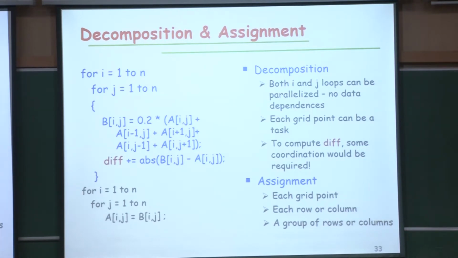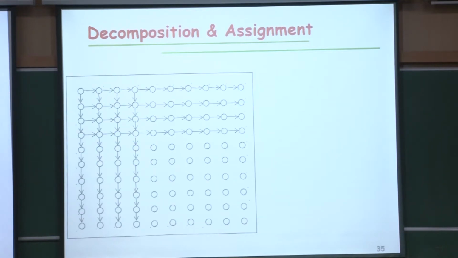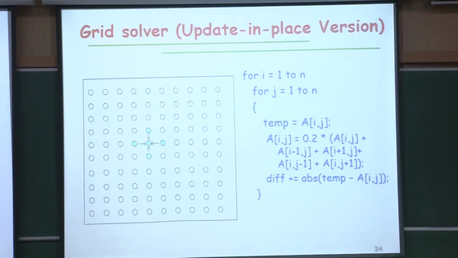So, I will essentially say that n divided by p rows together will be one task, another n divided by p rows will be another task, and so on and so forth. So, pictorially what will happen, am I going somewhere else? So, okay.